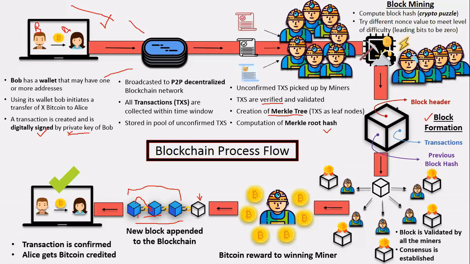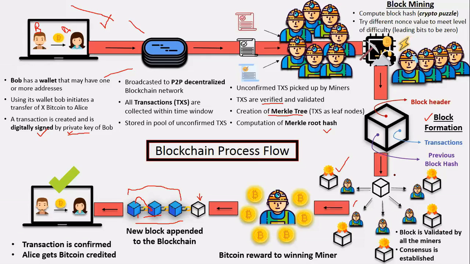value of nonce. Any miner in this race who is able to find the first hash value that meets the difficulty level announces to all the other miners in the network that it has created a new block, and the new block is broadcasted.